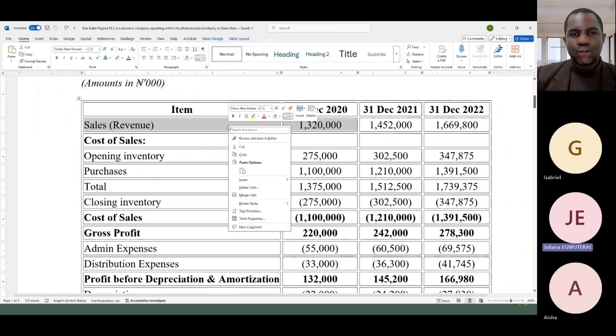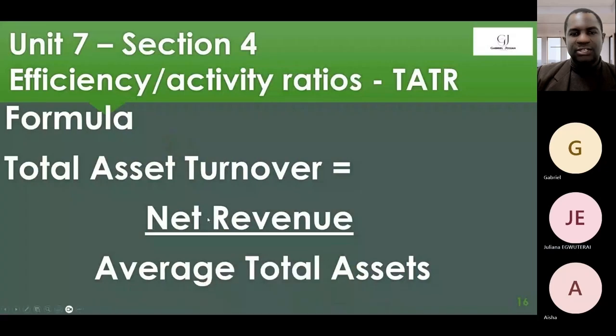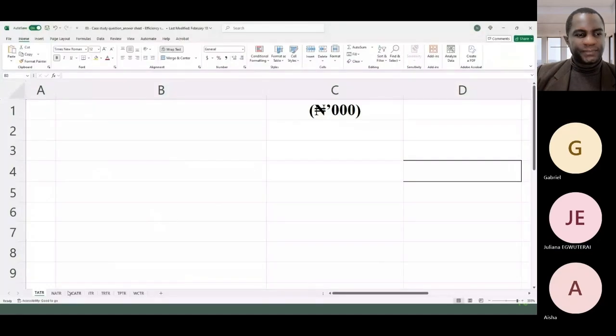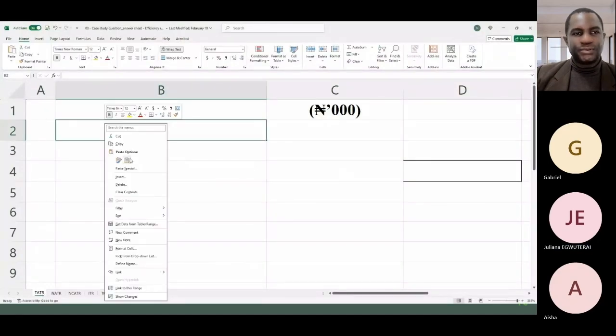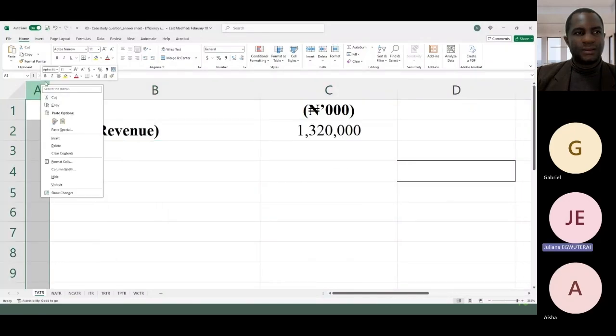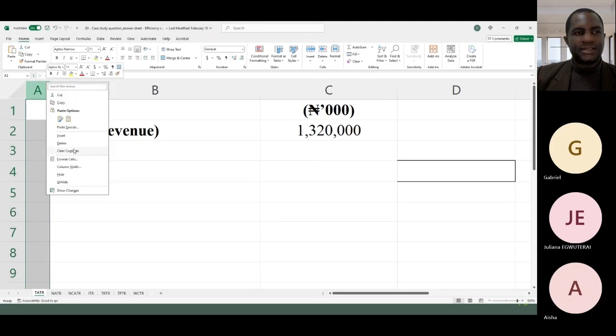So what formula are we calculating? Is it the total assets turnover? Yes, total asset turnover. So we are doing total asset turnover first. You can see it on the screen. We have net revenue divided by average total assets. Exactly. So total asset turnover, let me put my sales revenue here. Total assets, that's non-current and current.